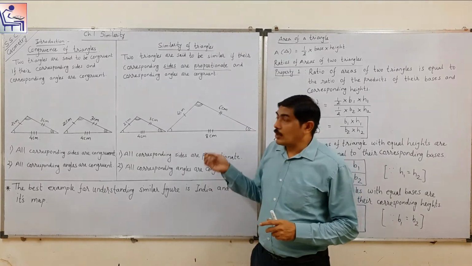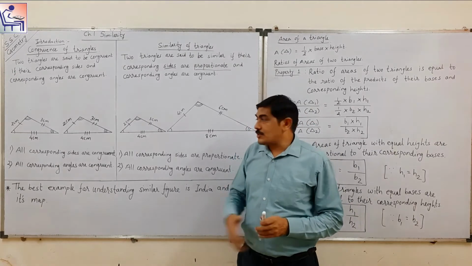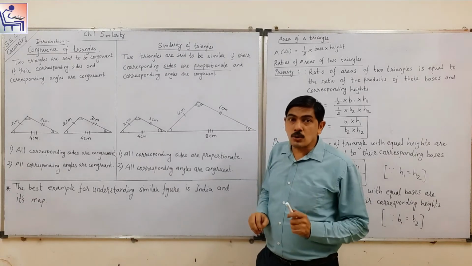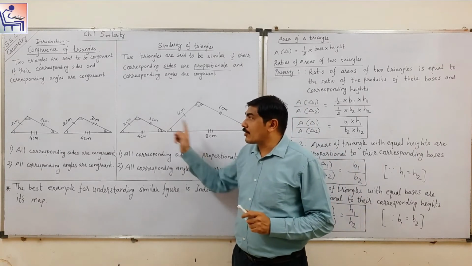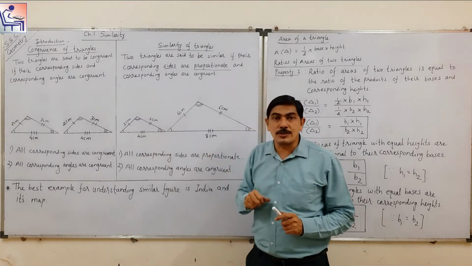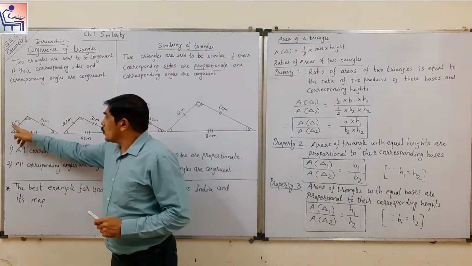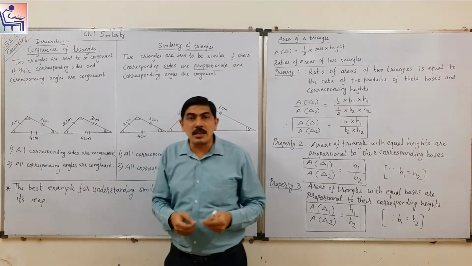Now one more thing, all congruent triangles are similar. Please remember, all congruent triangles are similar, but all similar triangles are not congruent. Why? If you see the ratio here, 2 centimeter 2 centimeter means they are proportionate, it is exactly 1.